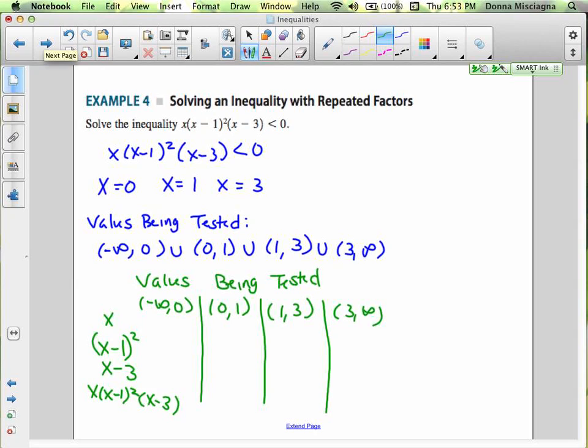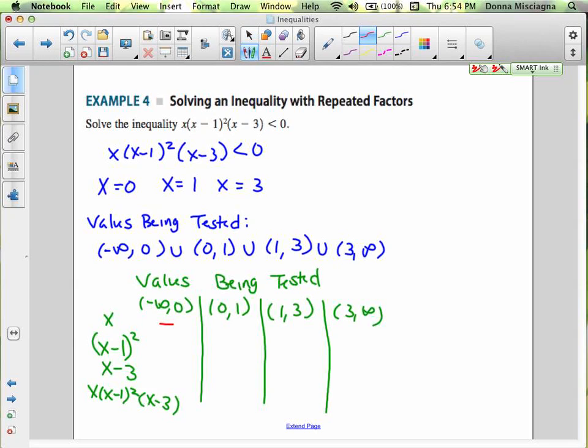All right, so if I plug in, and this time we don't want the endpoint, so we don't want zeros, because this is just a less than, not a less than or equal to. If we plug in a negative number for x, that's going to be negative.